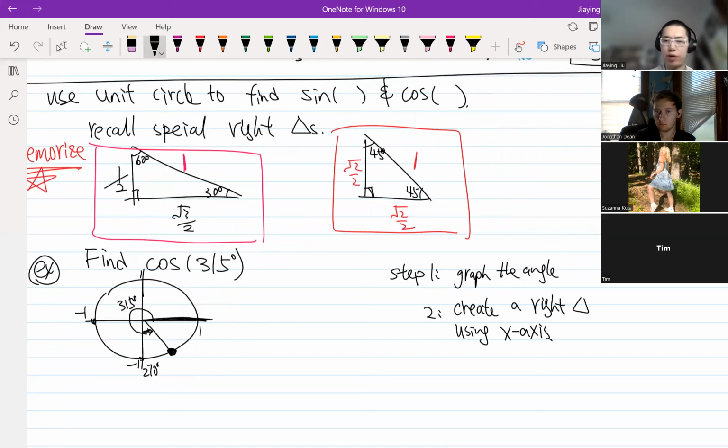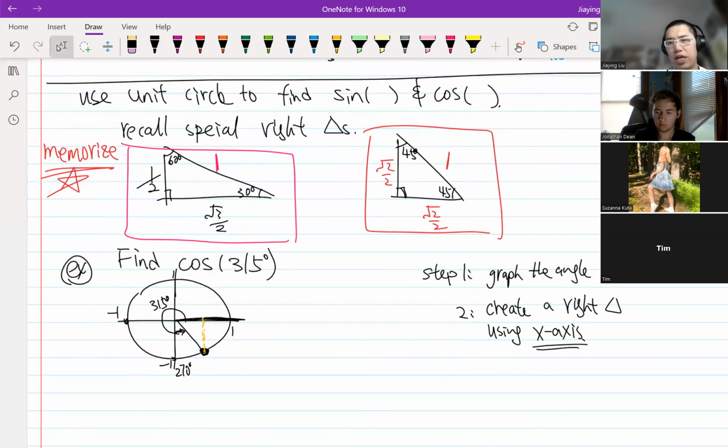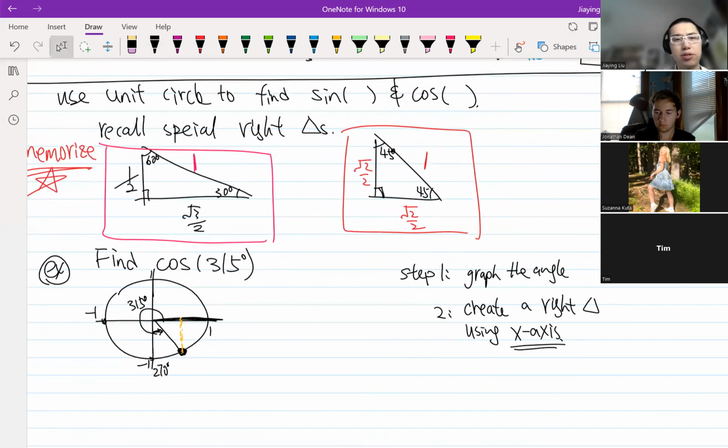So what we do by creating the right triangle, we're always going to use the x-axis. We start with a point and just draw a dotted line directly to the x-axis. That's how it gives us a right triangle using the x-axis. So always using the x-axis, never use the y-axis. So when I do that, that's a right triangle.